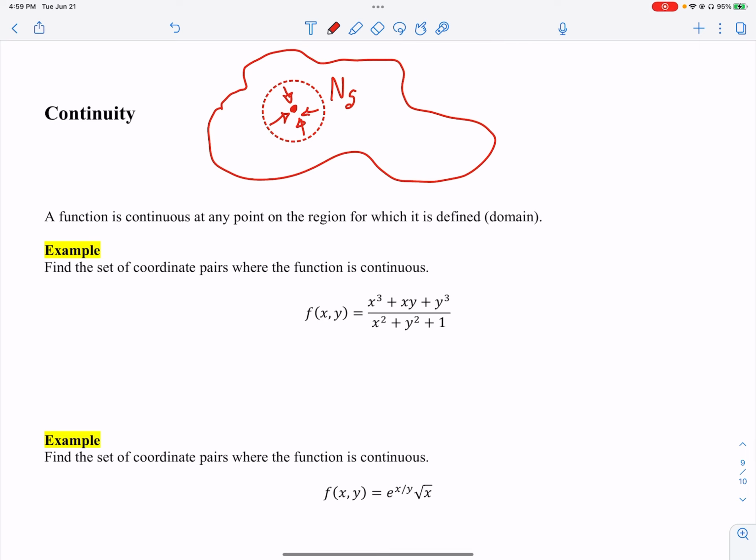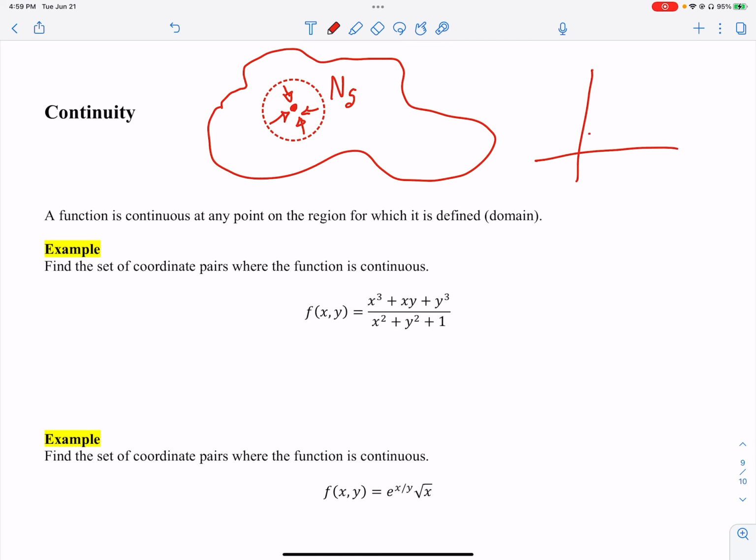Just like the definition of a limit in 2 space, we have some neighborhood down here, and this is what we call our delta, right? It was like, hey, when you get inside this neighborhood, I can guarantee that you'll be this close to this point, right? That's what that was saying.